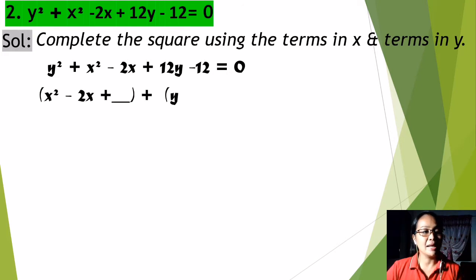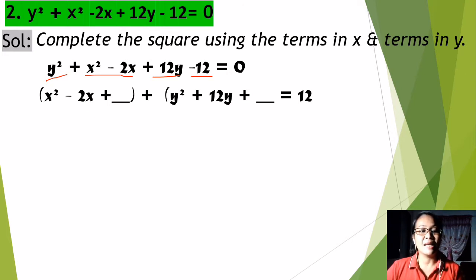So we have now x squared minus 2x plus blank plus y squared plus 12y plus blank is equal to, transpose or ilipat natin sa negative 12 na constant over equal sign. So yung negative na sign nagiging positive na siya.